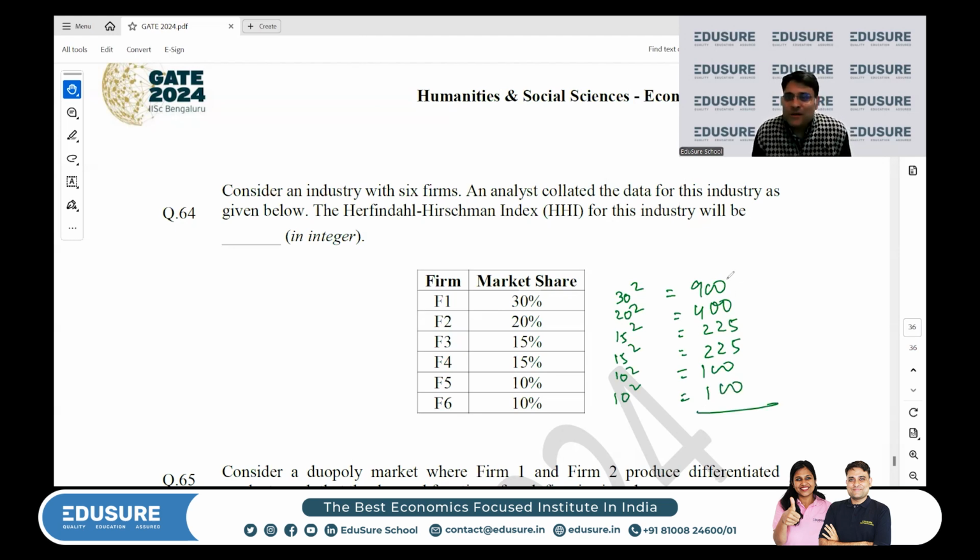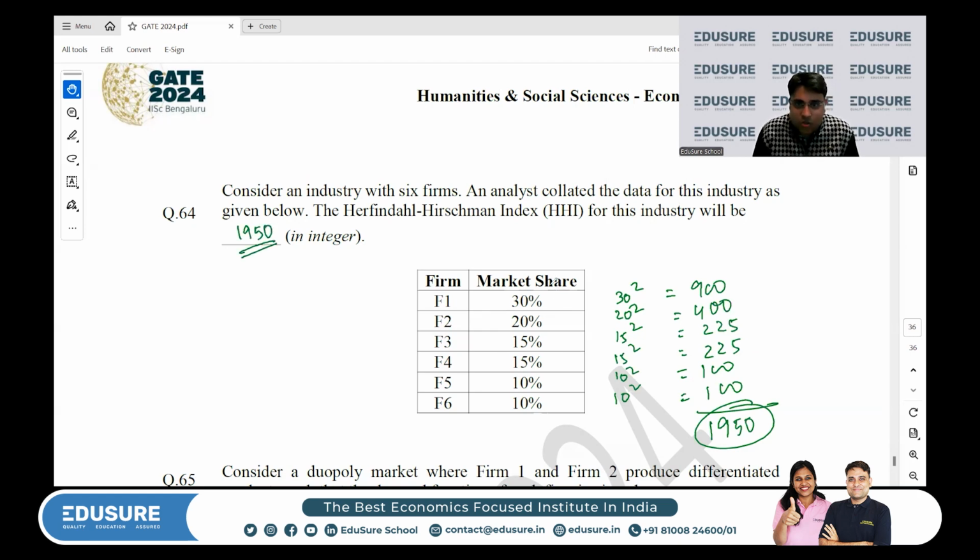Add these up: 1300 plus 450 is 1750, plus 200 is 1950. So I take the market share, square it, and add it for all the firms. That is my Herfindahl-Hirschman index.